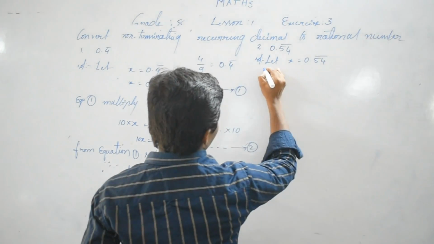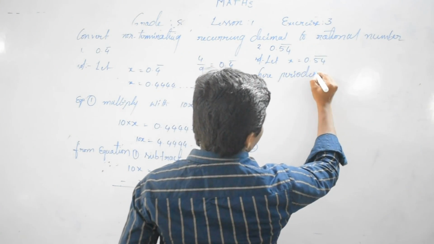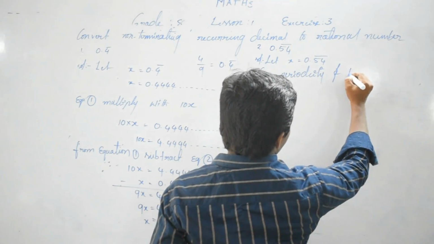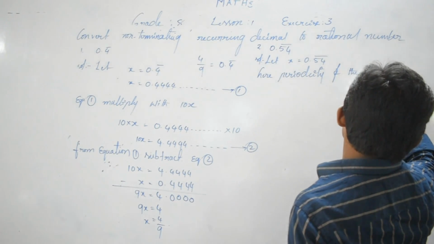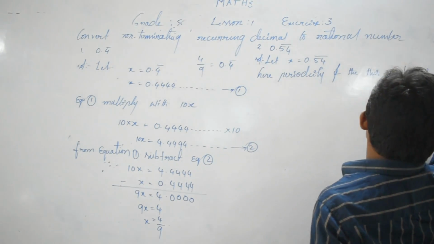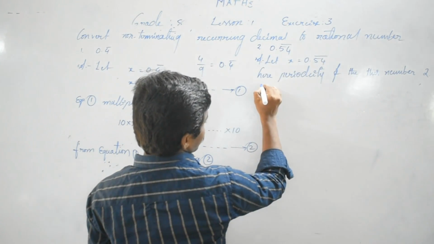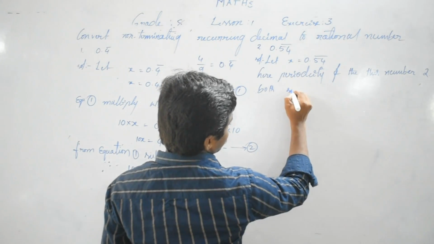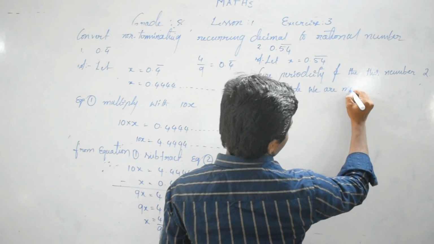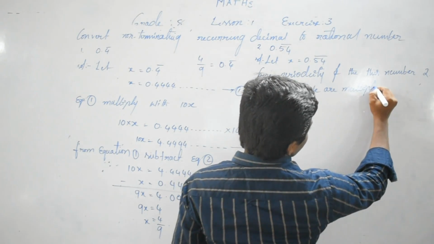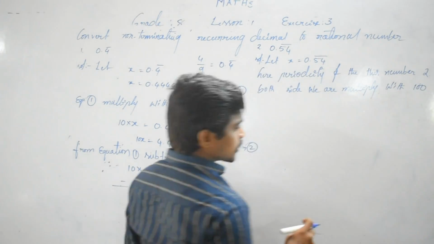So here the periodicity of this number is 2. So on both sides we multiply with 100. Why? Because the periodicity is 2.